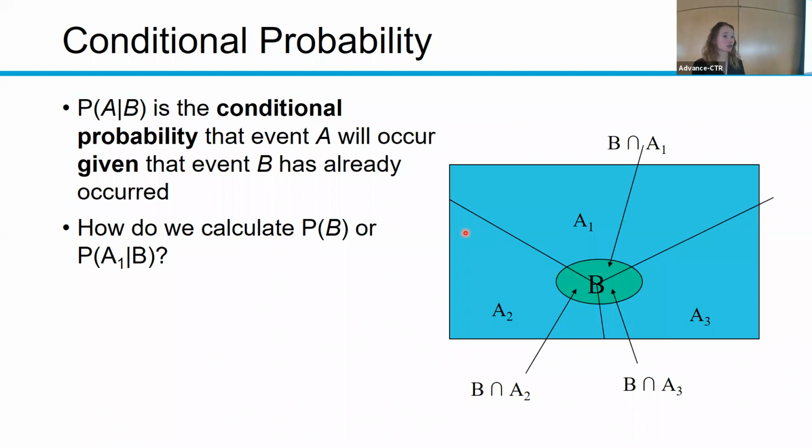Okay, conditional probability. We saw this a little bit. The probability of A given B is the conditional probability that event A will occur given that event B has already occurred.